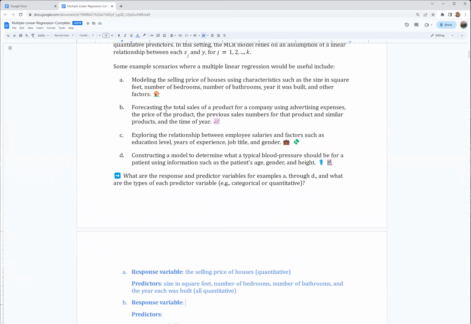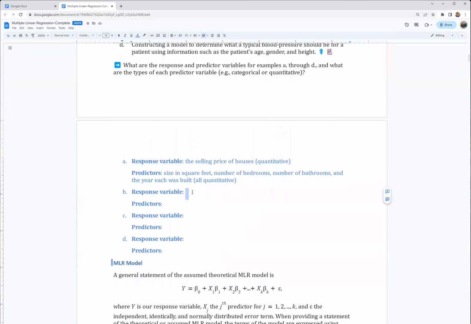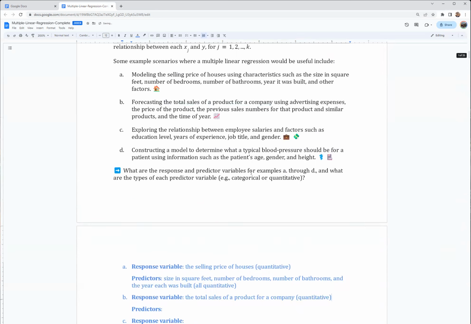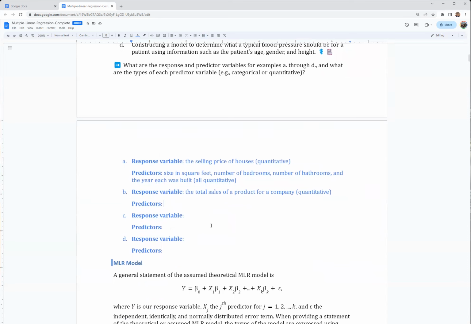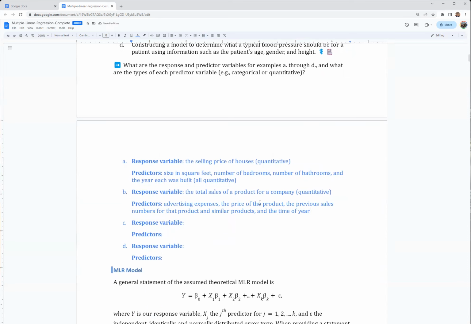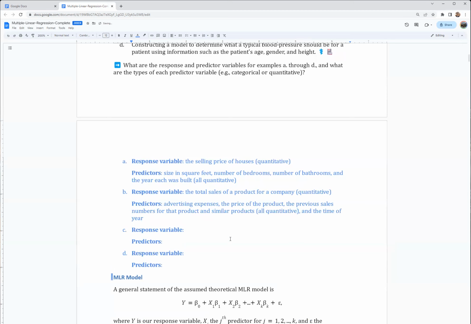Next example, so forecasting total sales. So that's our response variable, the total sales, right? Also quantitative. And our predictor variables in this case are all of these. Okay. So advertising expenses, the price of the product, the previous sales numbers for that product and similar products. And the time of year.